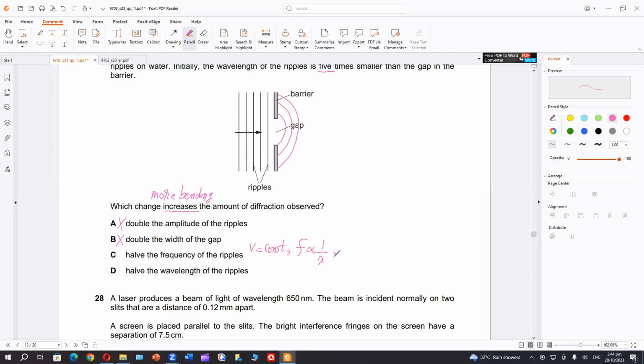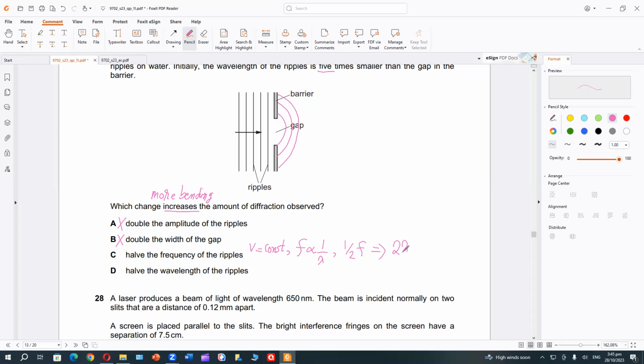So when frequency is halved, wavelength will be double. So if I double the wavelength, what will happen? Presently, it is 5 times smaller than the gap. So this ratio will drop. So wavelength will increase.